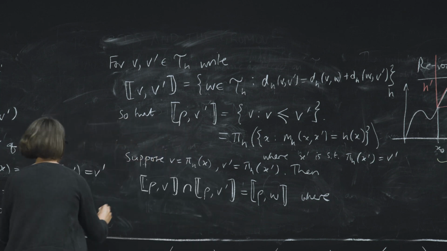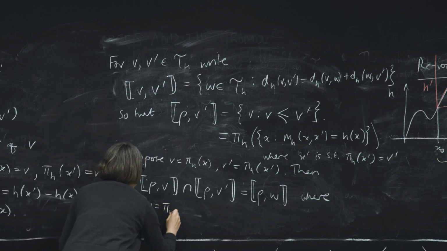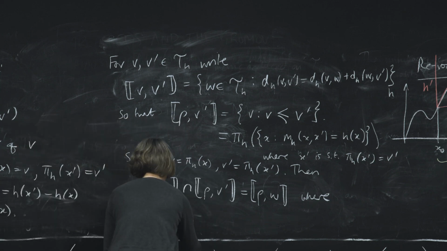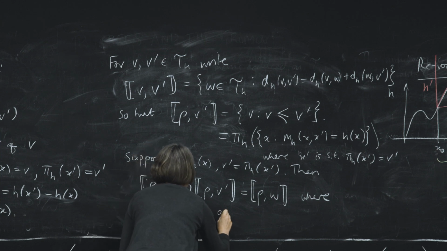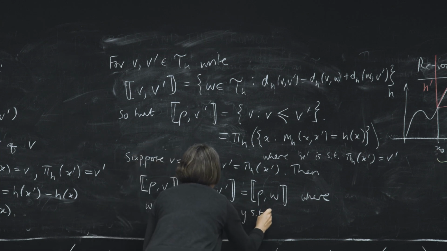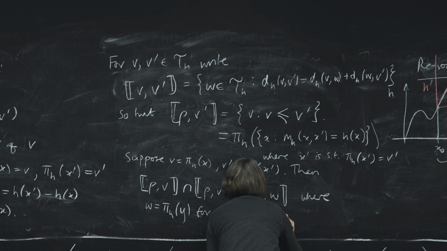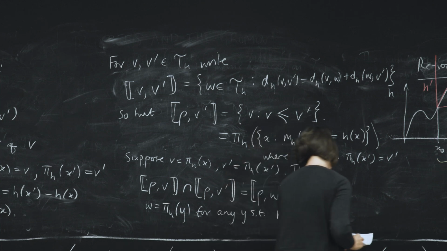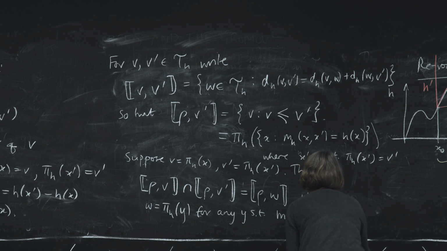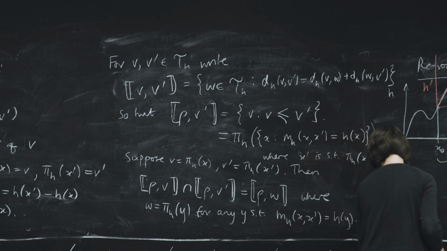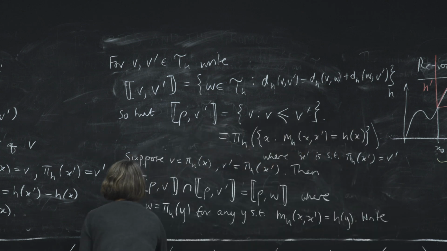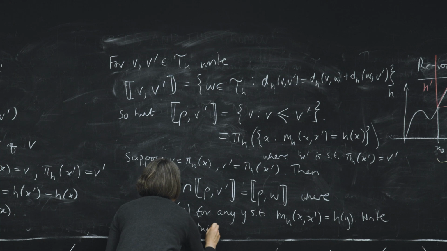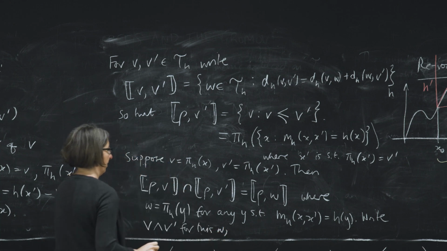So w is the projection of some point y for any y such that, well, what needs to be true? The minimum of my function h between x and x primed is achieved at y. So I'm going to write v min v primed for this w, and call it the most recent common ancestor.